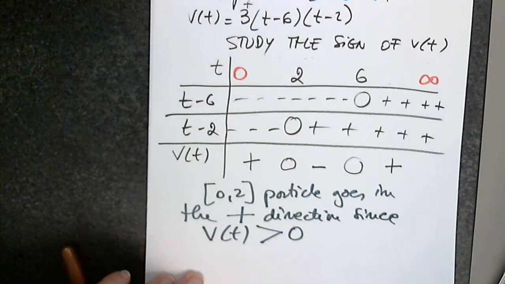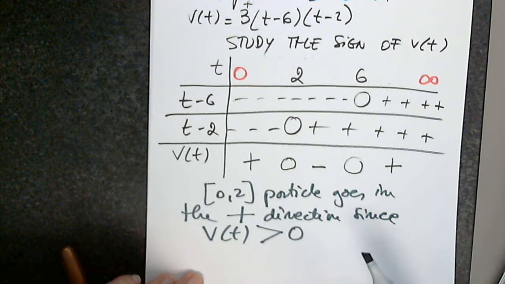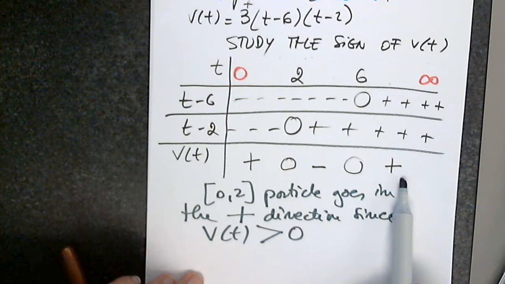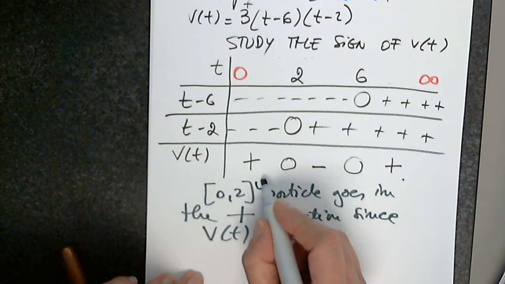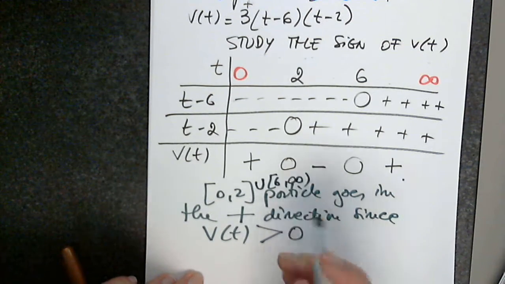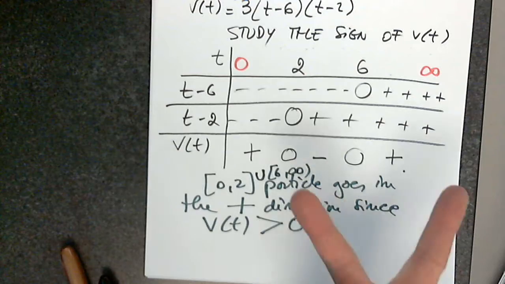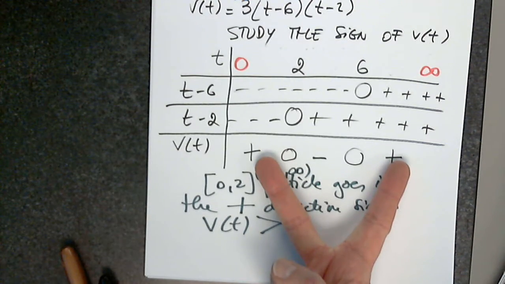Is there another situation in which the particle moves in the positive direction? 6 to infinity. It moves in the positive direction, right? So I'm going to write union 6 to infinity. So I don't have to write it again. So between 0 and 2, union 6 to infinity, the particle moves in a positive direction.